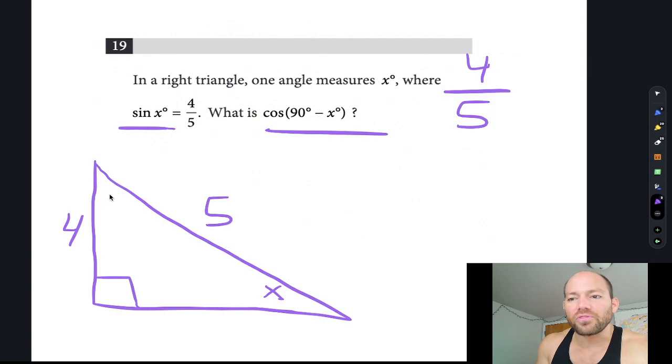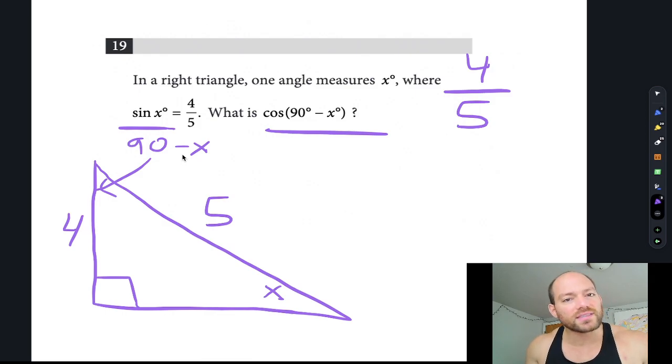Well, all three angles add up to 180 because it's a triangle, and that's how things work. It's a right triangle, which means this angle is 90. So the other two angles add up to what? 90, yeah. So if this angle down here is x, well, it means that this angle over here is 90 minus x.